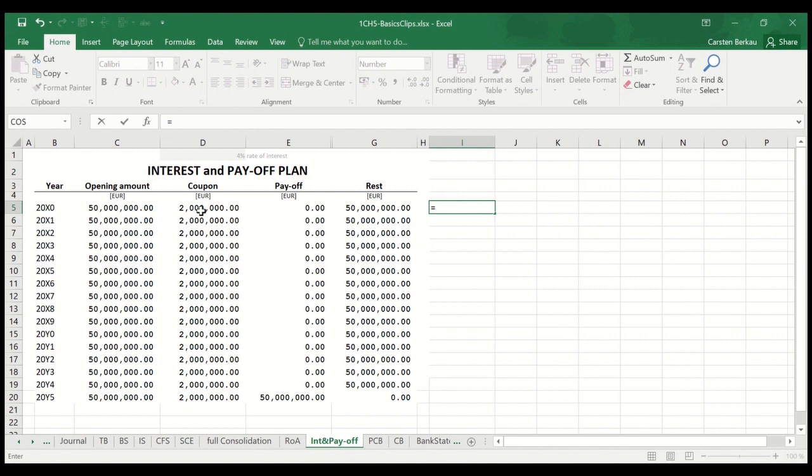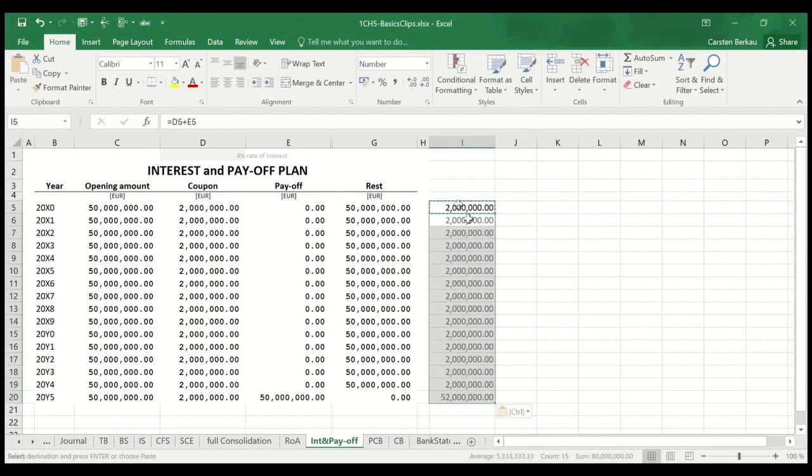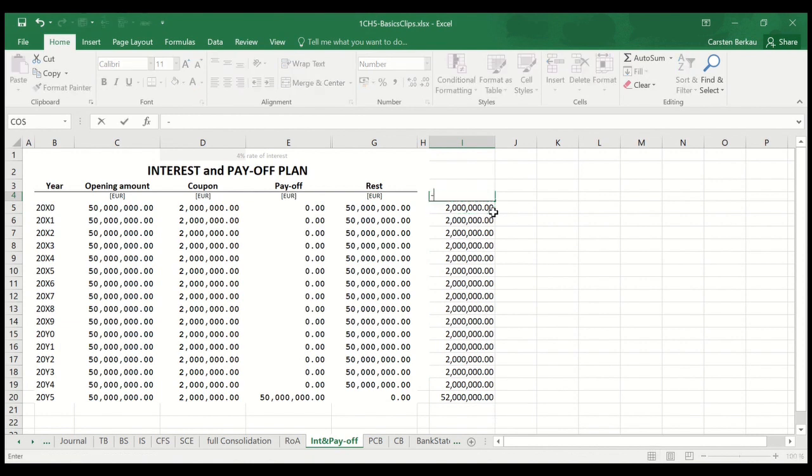I consider the coupon as well as the payoff, which is in the first years always 0. And we will see that all the time the company pays a coupon of 2 million, but in the last accounting period the redemption of the bonds takes place. At the beginning, the company receives 50 million, which I consider here by a negative sign.